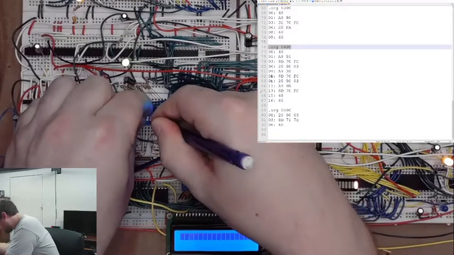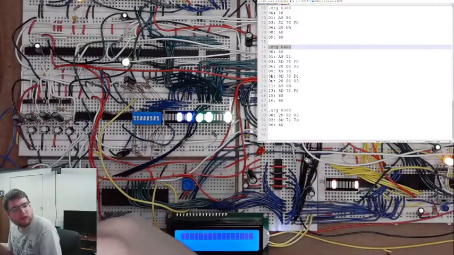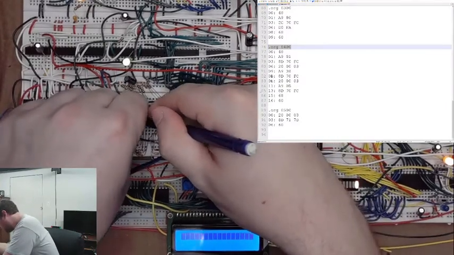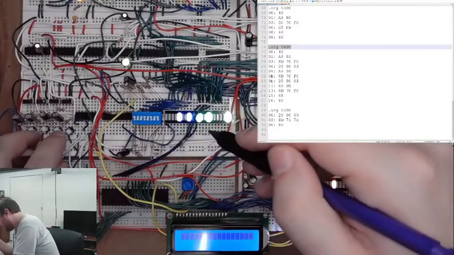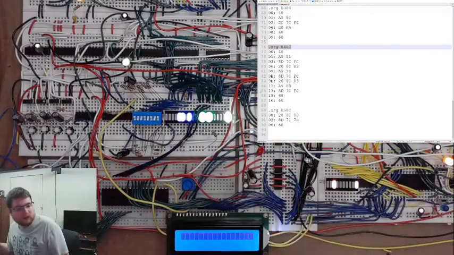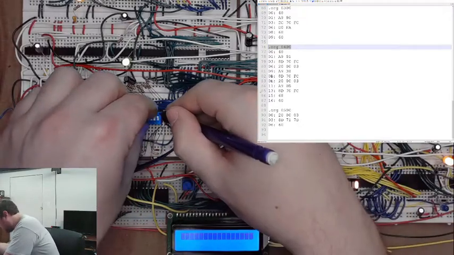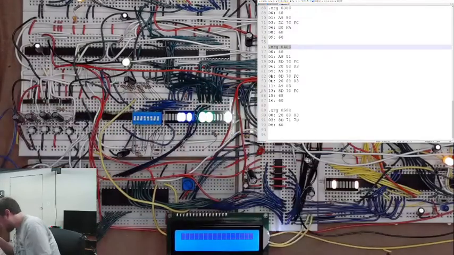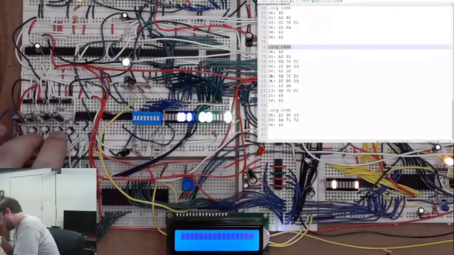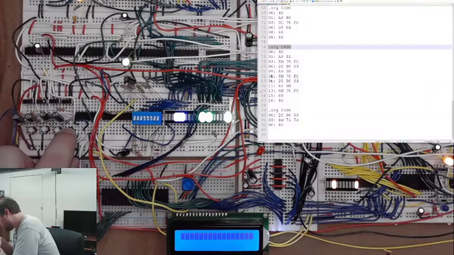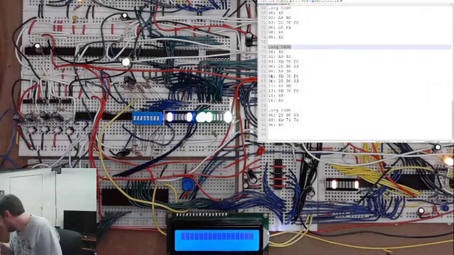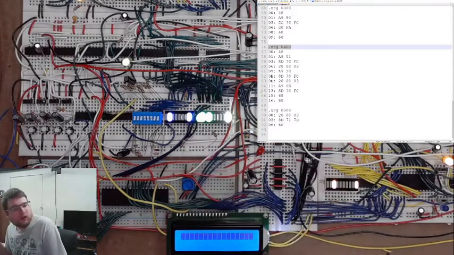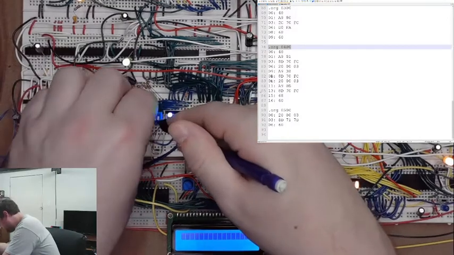A9. Just this one. We have A9, 38. Oh, that's not quite up. 38. We should be at B. We are. 8D is what we want here.